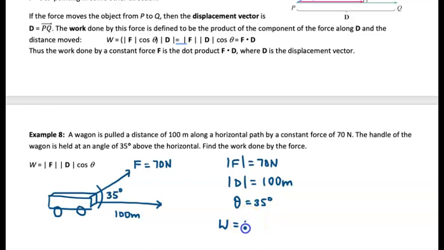So the work is going to be 70 newtons times 100 meters times the cosine of 35 degrees. And plugging this into our calculators, we get that the work is equal to 5,734 Newton meters.